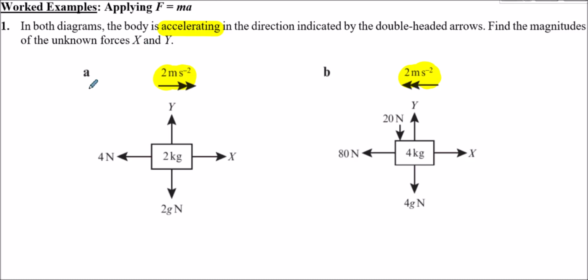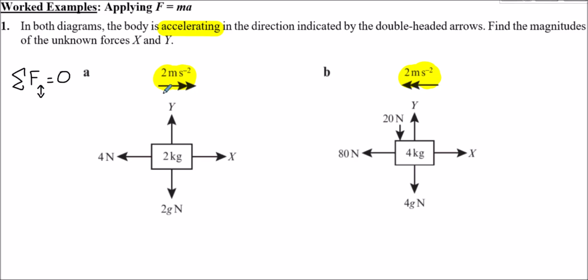So what we can say for A and for B is that the total of the forces going up and down is 0. This is just my shorthand notation. The sum of the forces in the vertical direction is 0, because the object isn't going up or down at all.